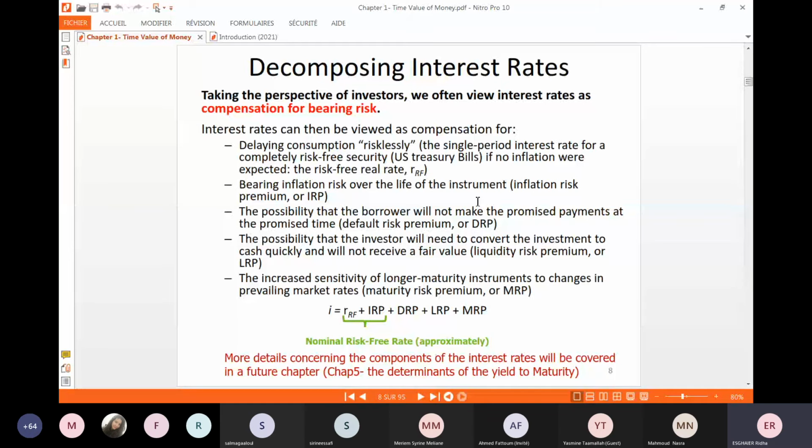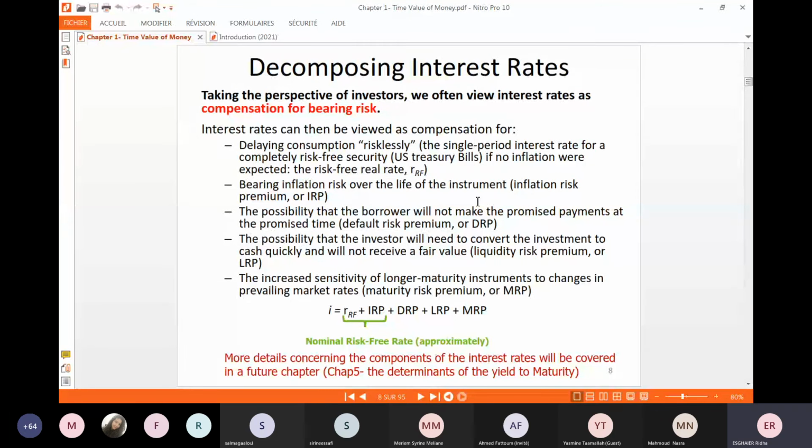We ignore the inflation. Now, in real life, inflation will exist. So when you postpone your consumption to the future, you will have to buy the asset at a higher price in general.